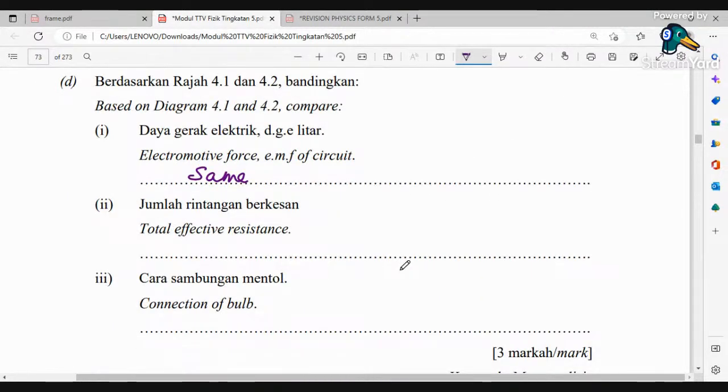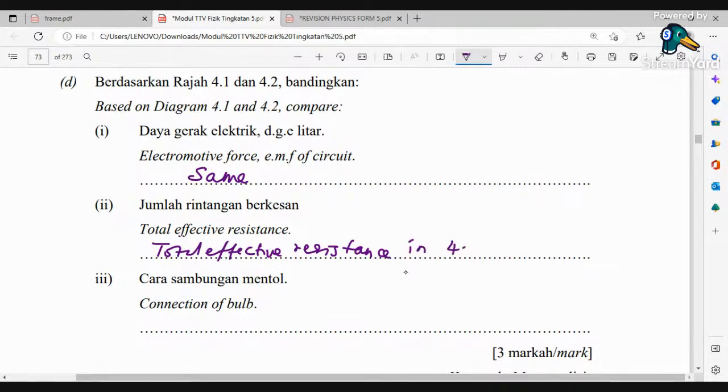Okay, total effective resistance. In 4.1 is higher because series.